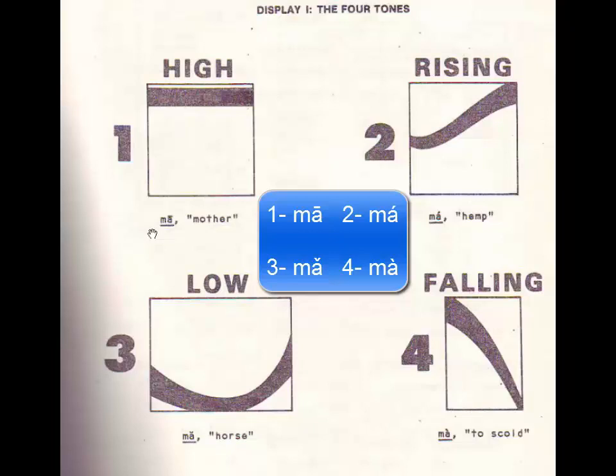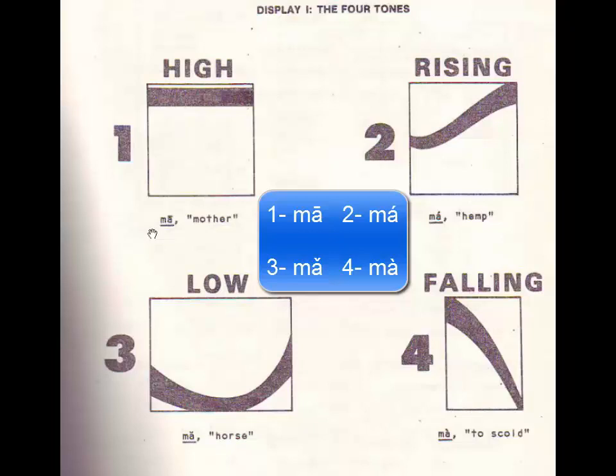Ma, ma. The popular notion of the Chinese tones is that they are like notes on the musical scale, and indeed the distinctive difference between the 2 tones you just heard is that one is high and one is low. But you may have noticed that while the high tone was like a single steady high note, the low tone was lower in the middle than at either end.